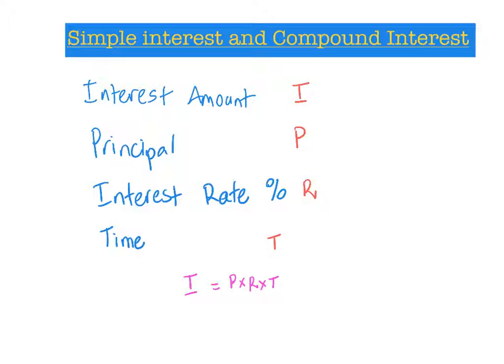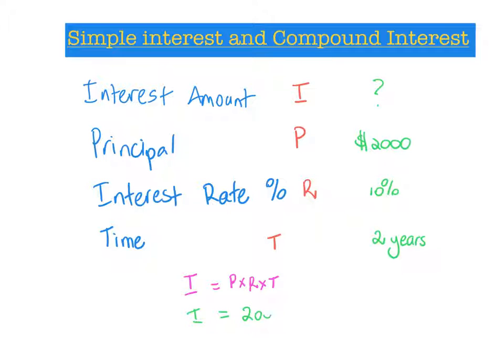Let's say we had a principal amount we want to borrow, or we want to save, $2,000 at an interest rate of 10%, and we want to do this over 2 years. So it could be like a term deposit.